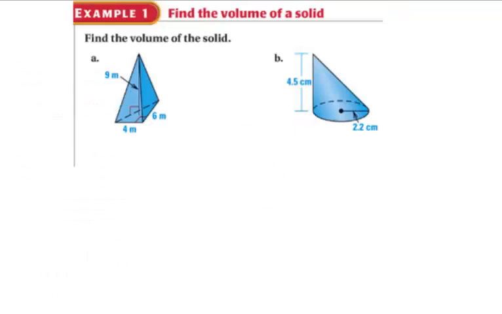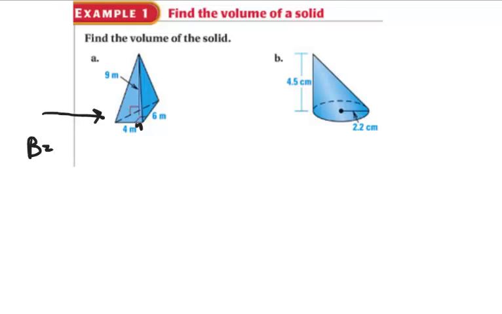So let's find the volumes of some solids here. This first one, A. The base that I'm looking at is a triangle. So for a triangle, remember, not the volume, but the area of the base that I need to find. The area of a triangle is 1/2 the base times the height.